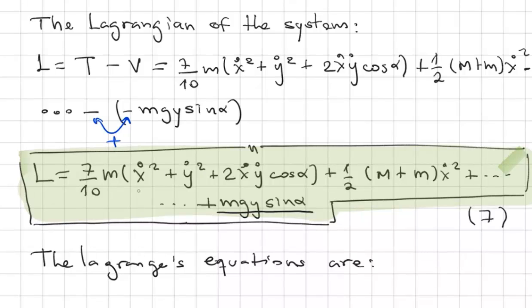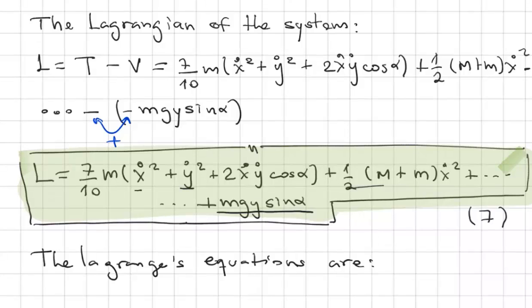The derivative with respect to x dot of x dot squared is going to be 2x dot. The derivative of y dot squared is going to be 0. And the derivative of the term 2x dot y dot cosine of alpha is going to be 2 y dot cosine of alpha. And this term is going to be 1/2 of the mass plus the other mass multiplying 2x dot, okay?